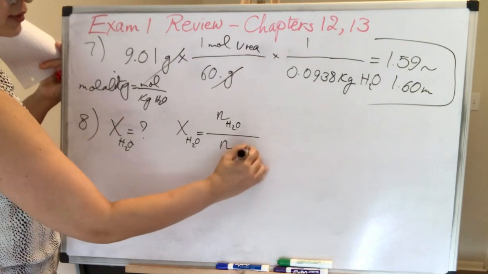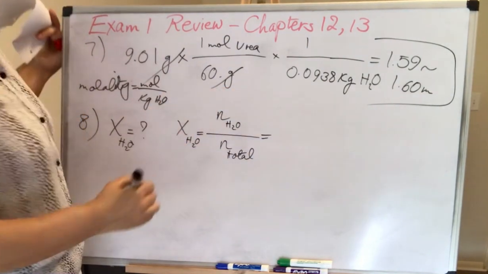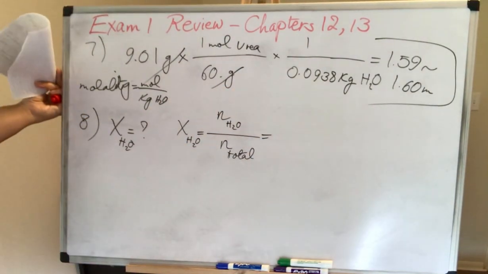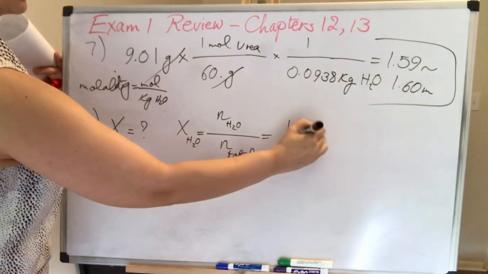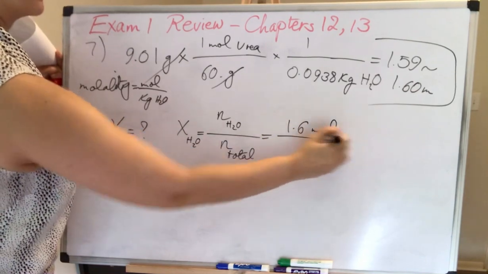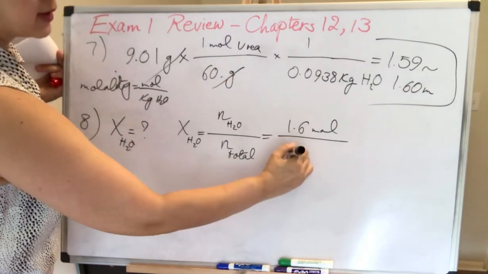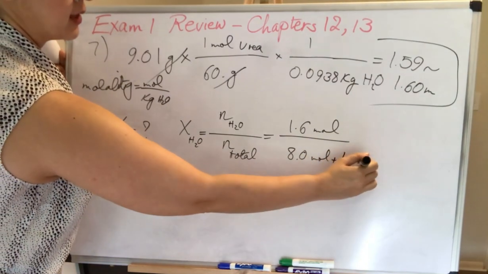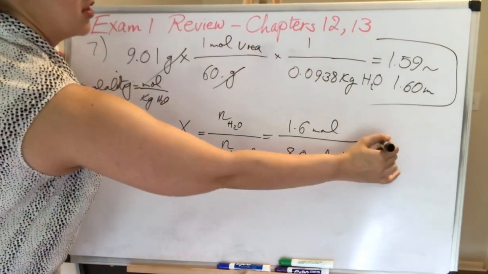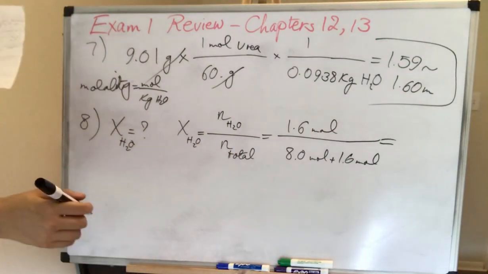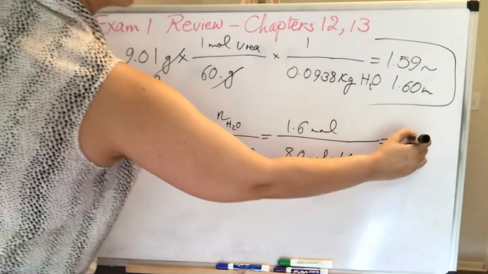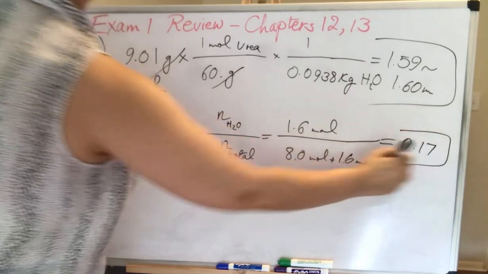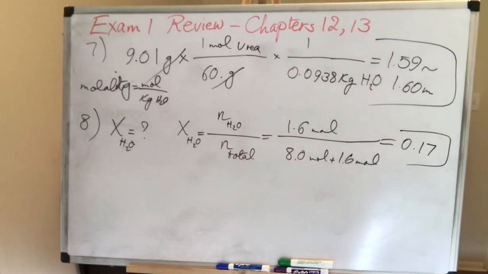So go ahead, how many moles of water did you have? 1.6. And then you have 0.8 plus 1.6 in this solution. So the mole fraction is going to be 0.67. That was question number 8.